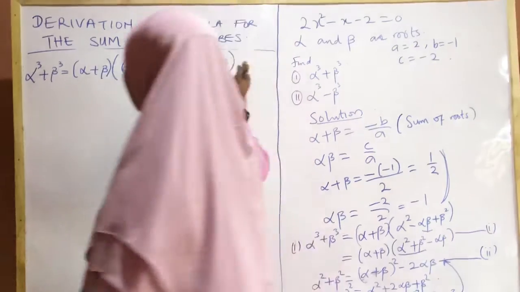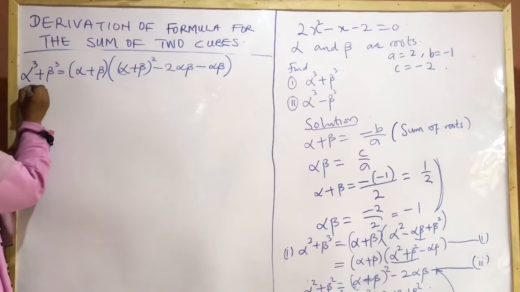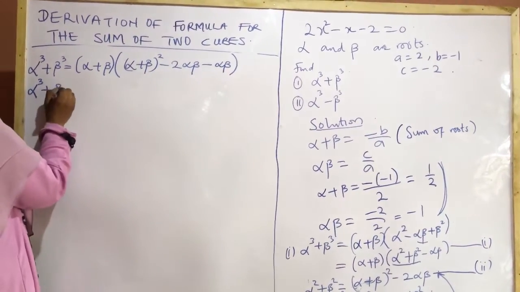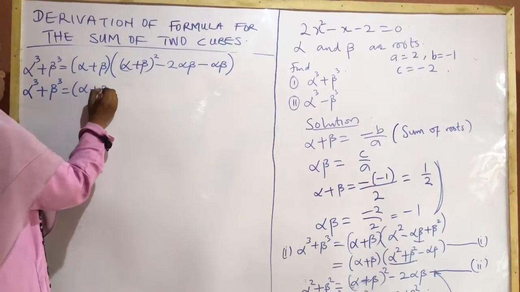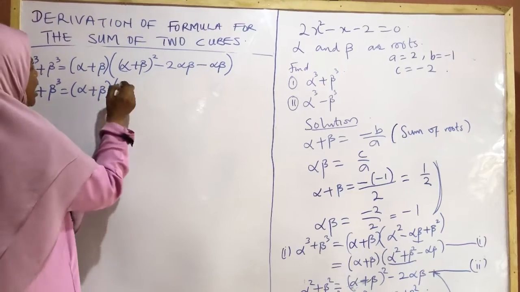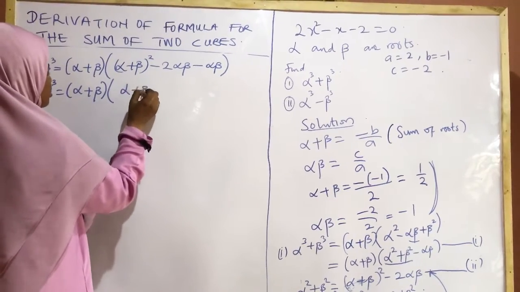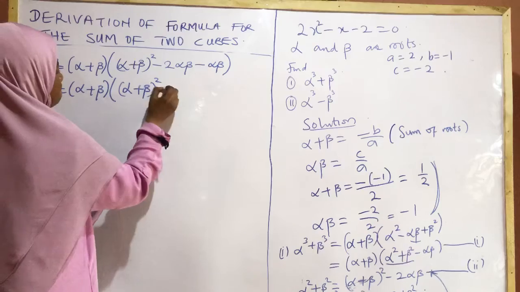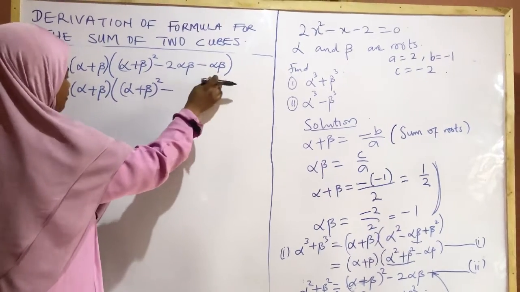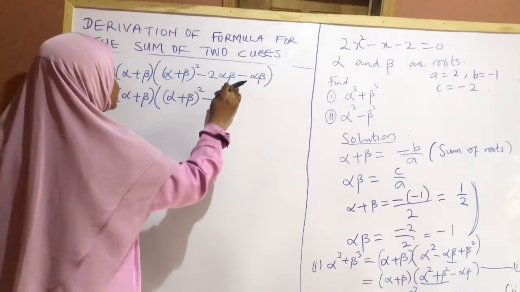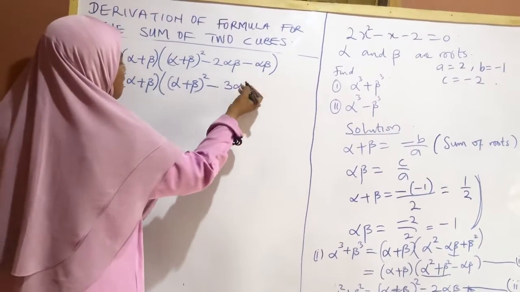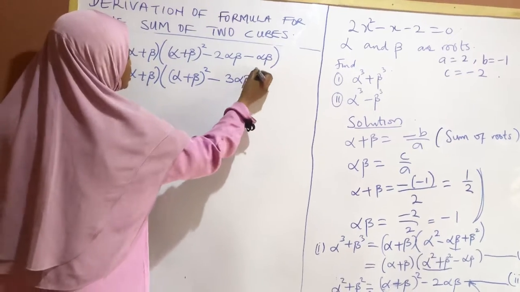So that is what I've written here. So you have alpha cubed plus beta cubed is equal to alpha plus beta multiplied by alpha plus beta squared, then minus 2 alpha beta minus alpha beta, which gives minus 3 alpha beta.